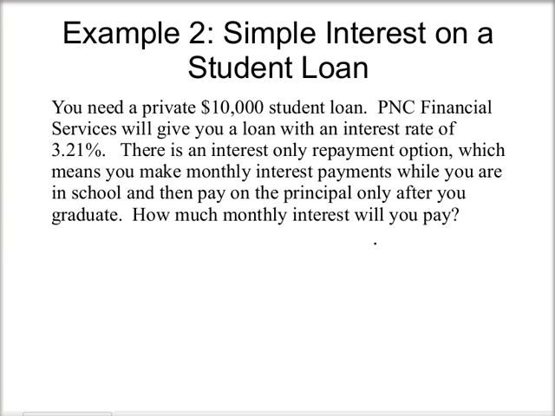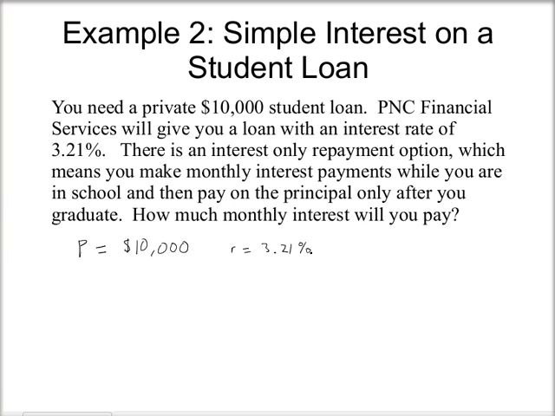Well, let's look at what we've got here. You've got a loan for $10,000, so your principal is going to be equal to $10,000. They've given you an annual interest rate of 3.21%.